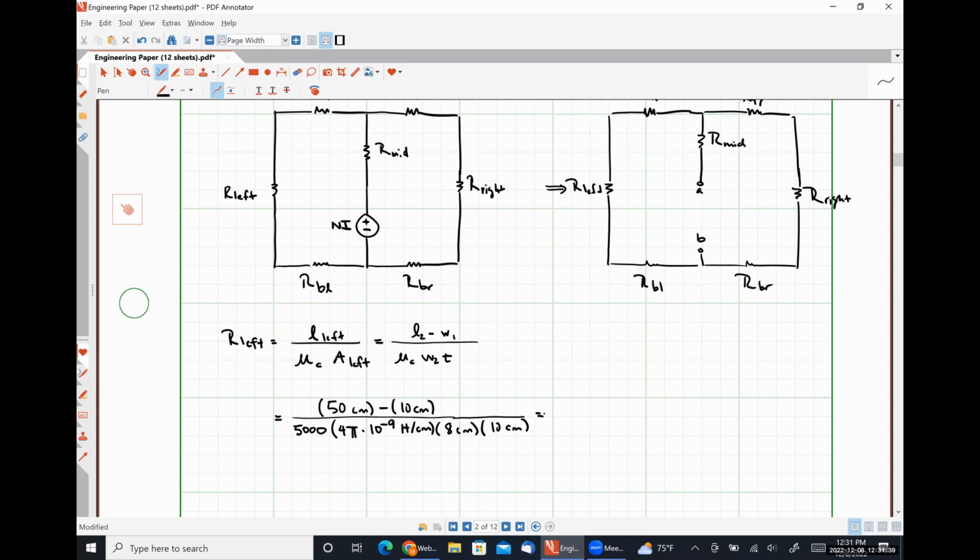And if we look at our units, we are going to have centimeters over henries times centimeters.